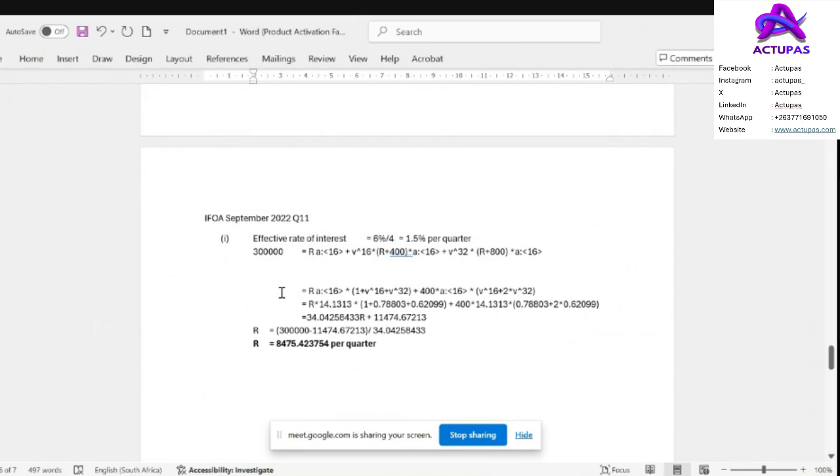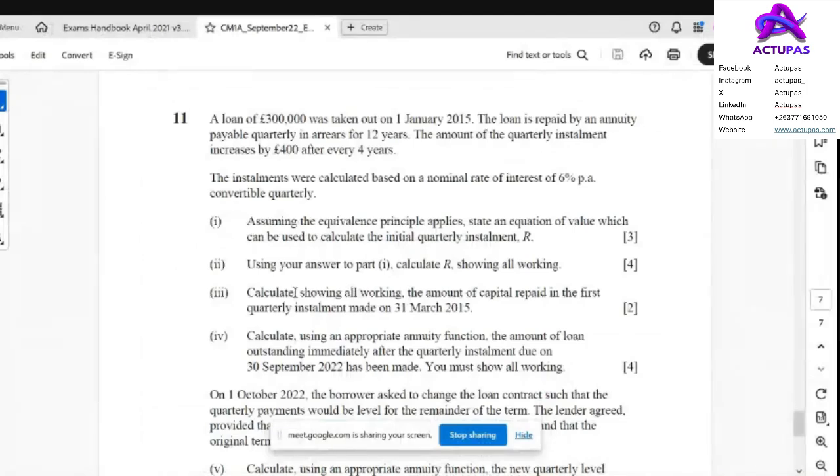This was the second part where we determined R, and then the third part of the question, calculate showing all your workings the amount of capital repaid in the first quarterly installment made on 31 March 2015.